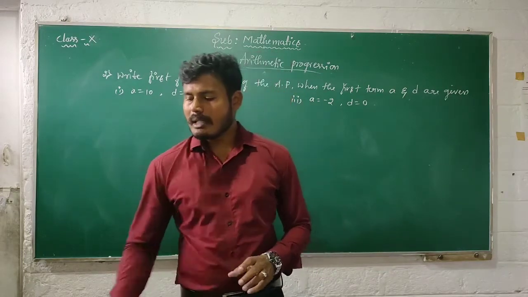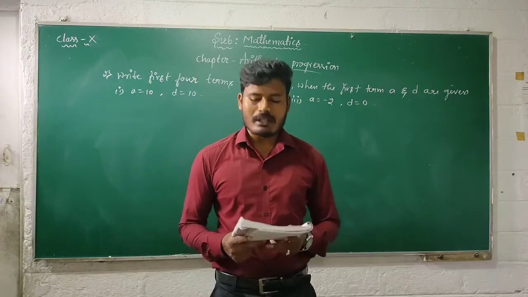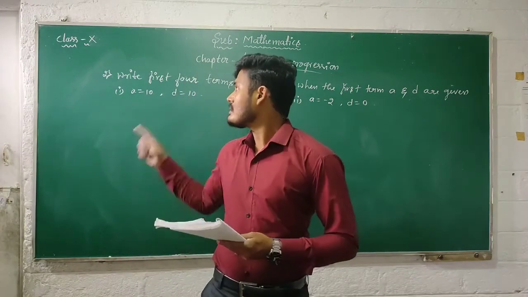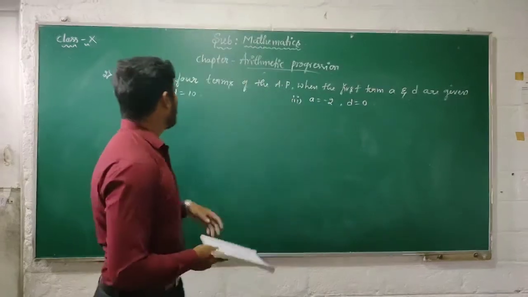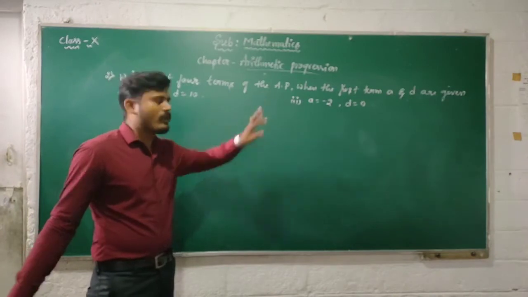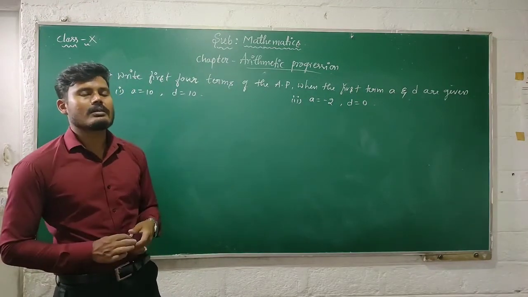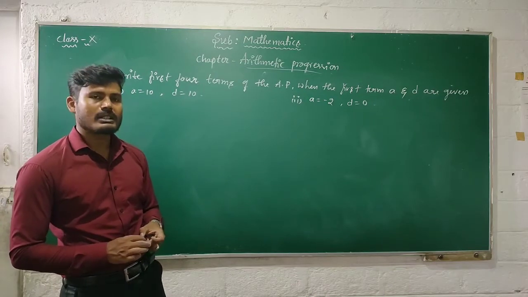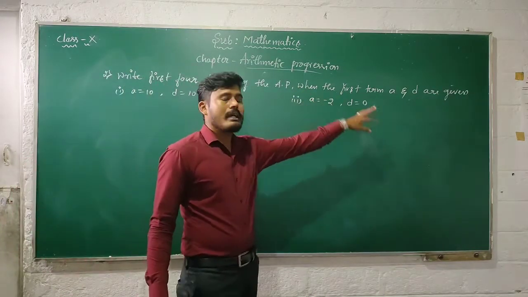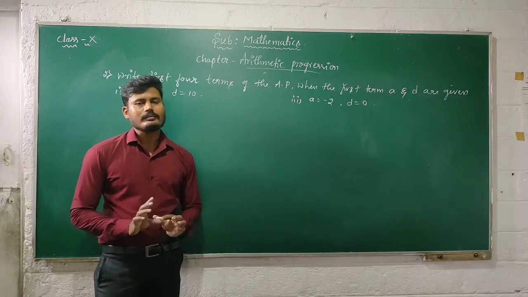Discussing the continuation part of the previous class. That is the second question. Write the first four terms of the arithmetic progression. You should write down the first four terms of the given arithmetic progression when the first term A and the common difference D are given.